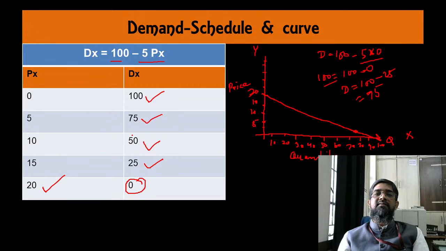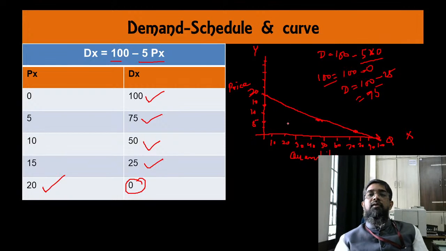And when price is 10, the quantity is 50, right. It is not perfectly symmetrical, but that way you need to find different points and connect all these dots, and you will find the demand curve.